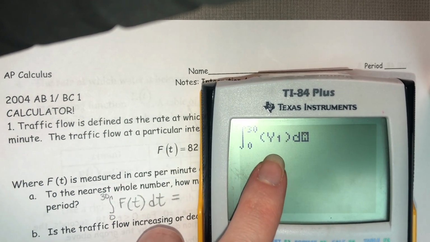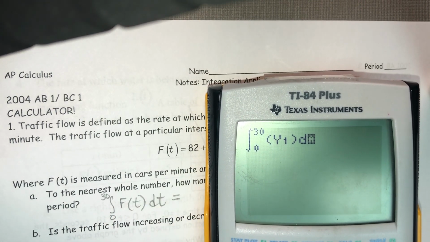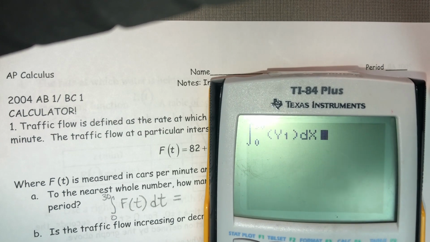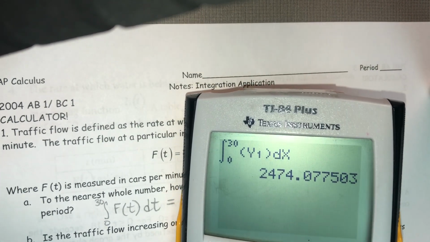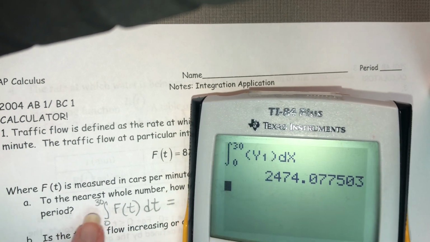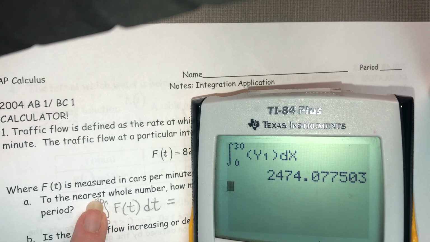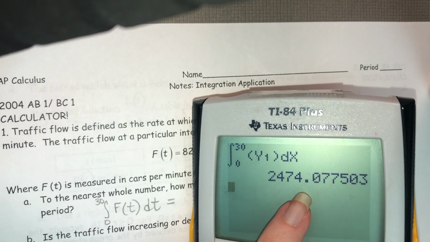That pulls in the function I've already typed, so I don't have to type it a second time. And then I just go dx and press enter, and it gives me the answer. Now, normally we round to 3 decimal places, but for this problem, it says to the nearest whole number. So it's just going to be 2,474.